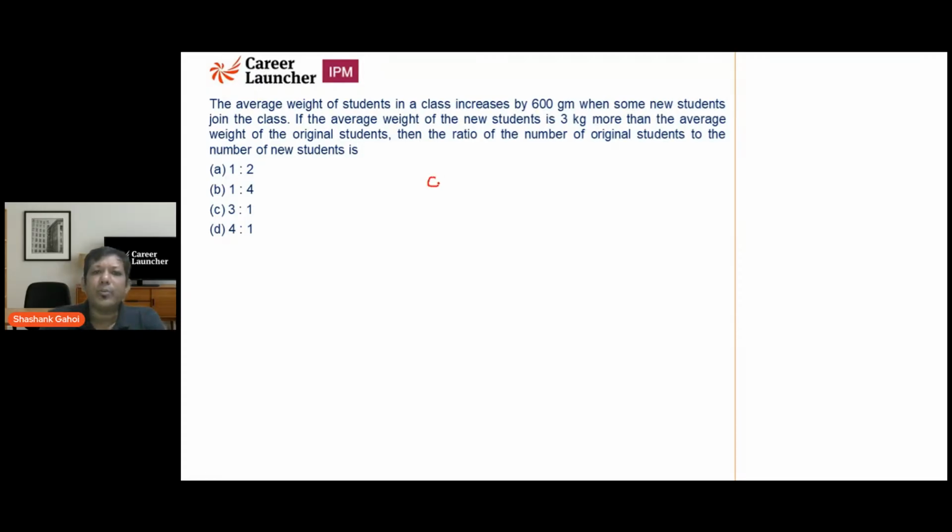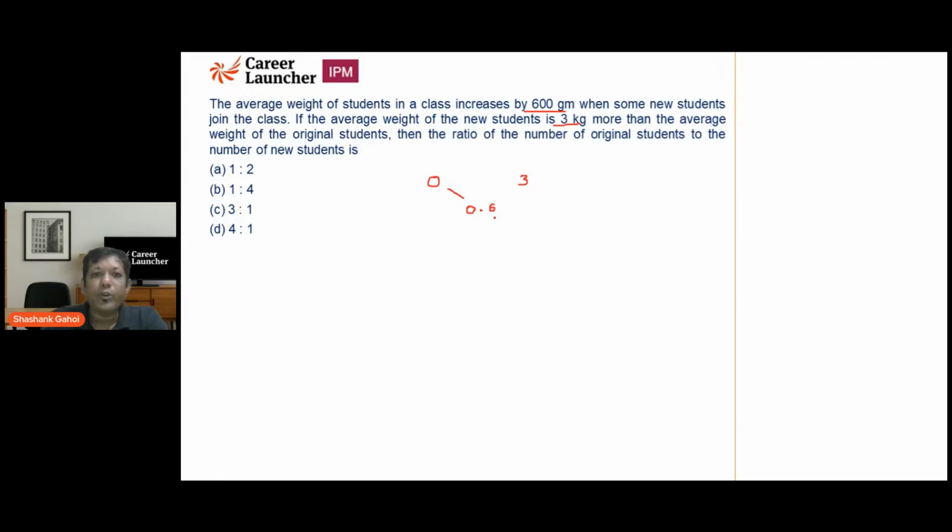If you want, you can assume 100, 20, or 40, whichever value is fine. Now, the average weight of the new students is 3. The average weight of the class increases by 0.6, so the final average weight of the class becomes 0.6.